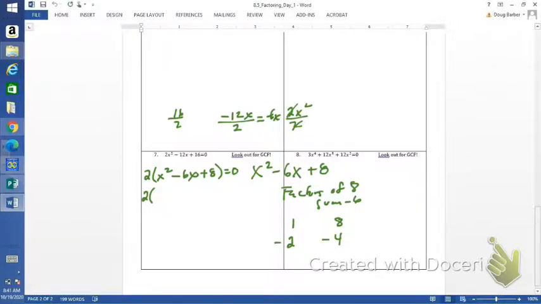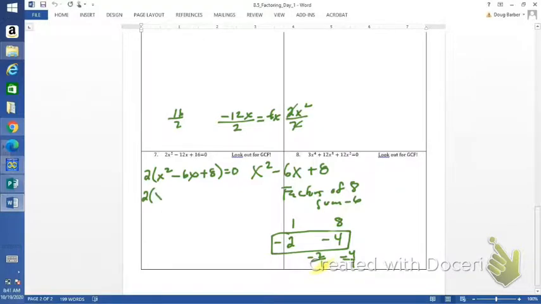So if I make both of these negative, a negative 2 times a negative 4 would give me a positive 8, so they're both factors of 8. And then if I add them together, I get negative 6. Alright, so I'm going to write those as fractions, negative 2 over 1 and negative 4 over 1. And then, remember, that goes with my x.